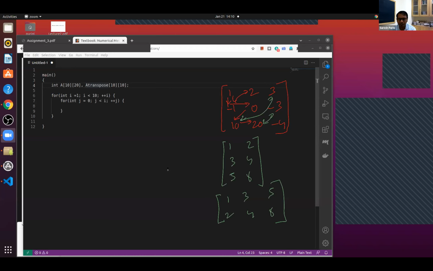Anyway, the thing is, of course, you can print onto the screen, read it, transpose, all these things, they are all right. Maybe for this homework, but in many computational problems, you want to use the A transpose matrix in some way.